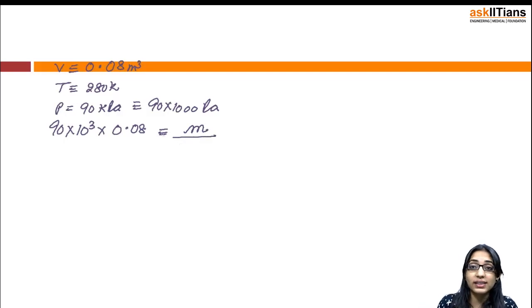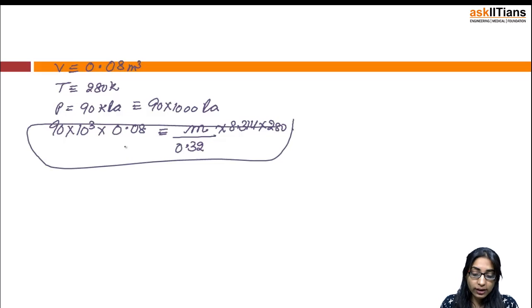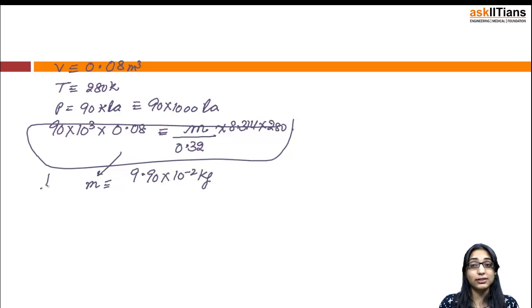Since everything is in SI units, please convert the molar mass also into SI units, times 8.314 × 280. So do take care of the units. The mass which you will calculate from this equation comes out to be 9.90 × 10^-2 kg, and hence this is the solution for the first part.